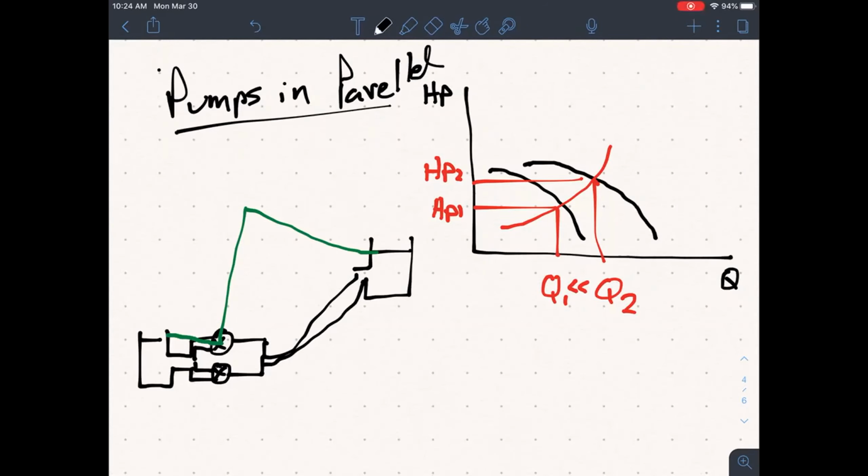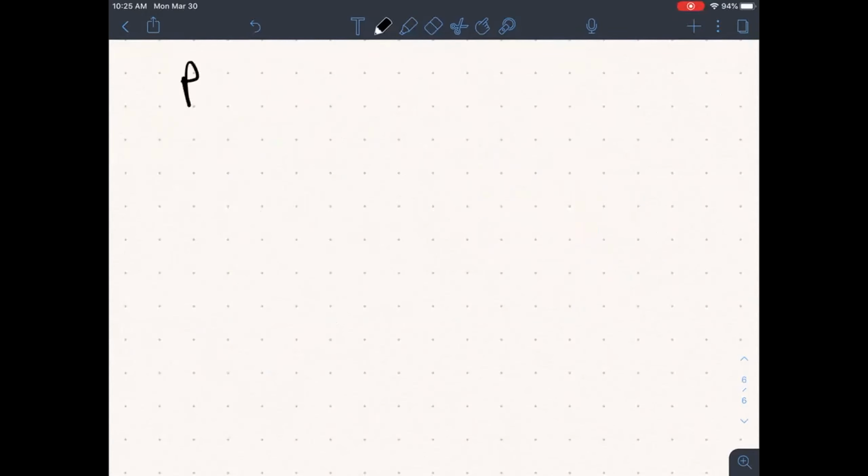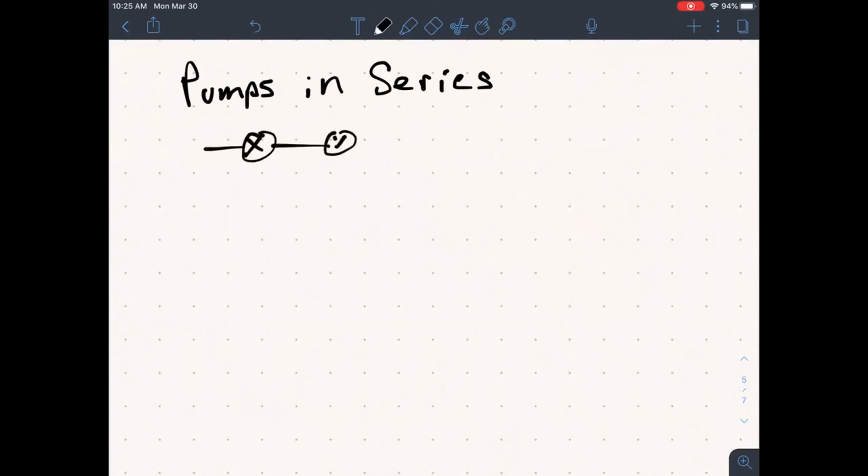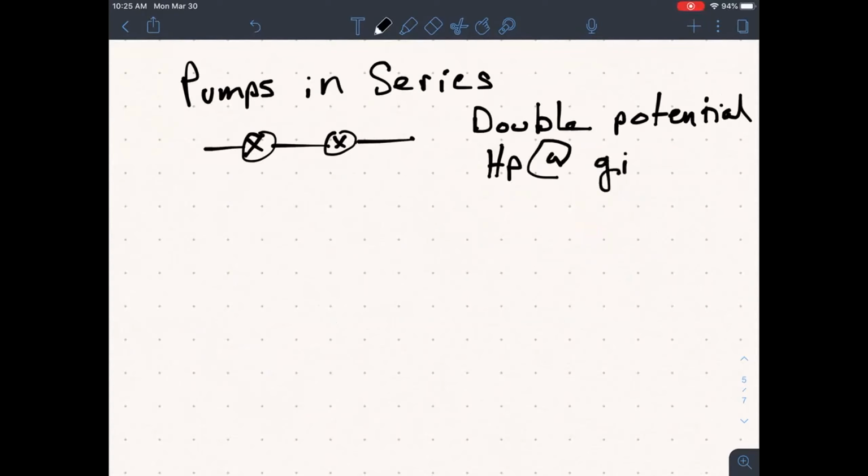So I'll just summarize that. For pumps in series, this is where we have pumps, and we double the potential head at a given discharge.